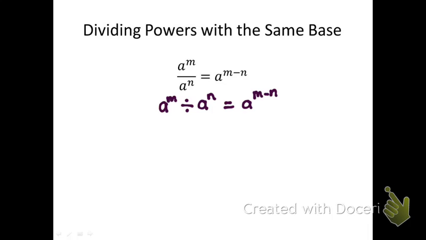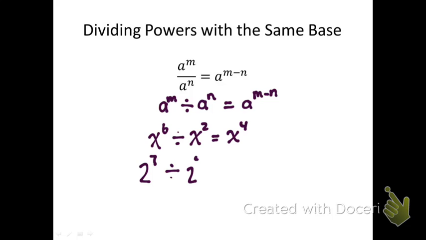One first example you could look at is x to the sixth power divided by x squared, which is equal to x to the fourth power. Or you can use coefficients, 2 to the 7th power divided by 2 to the 5th power, which is equal to 2 squared. And 2 squared, of course, is 2 times 2, which is 4.